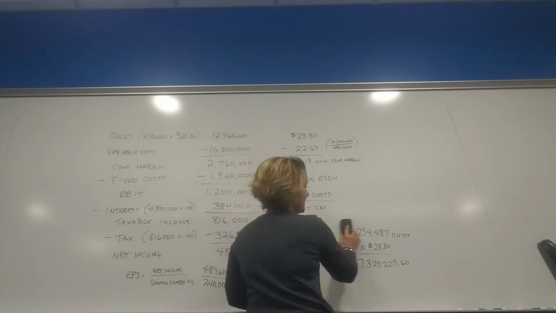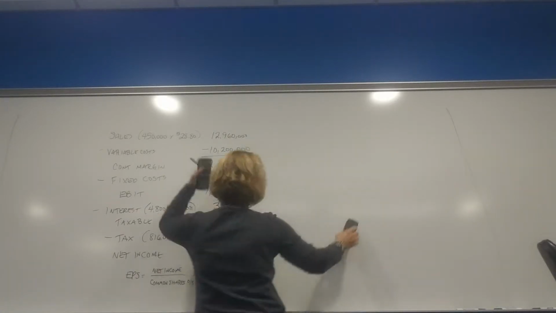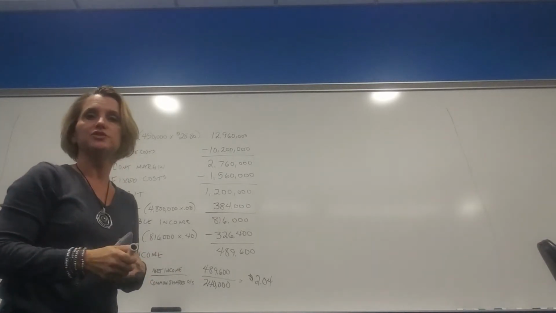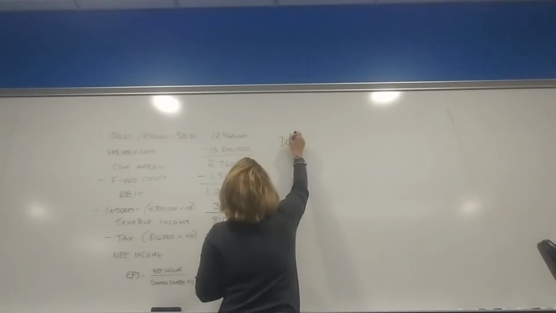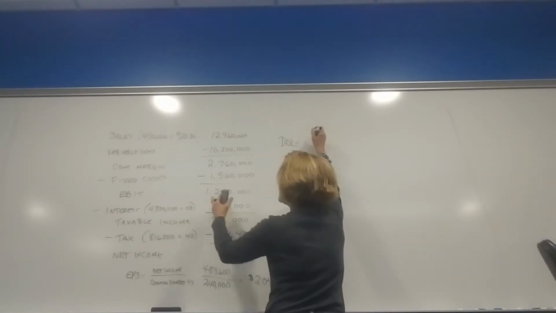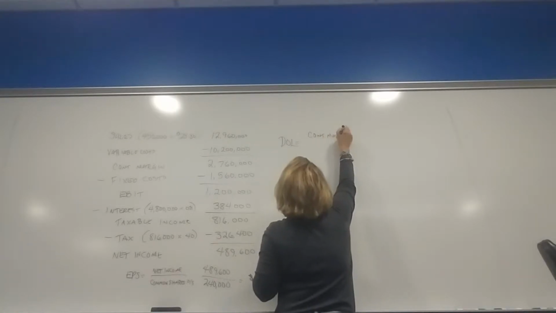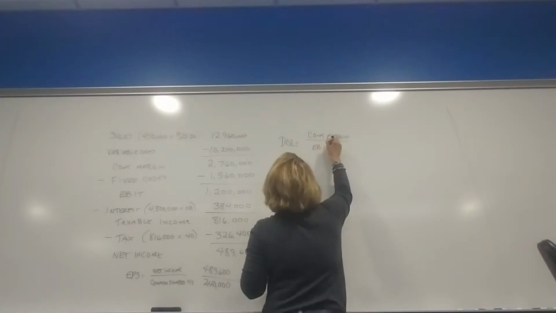Okay, then I'll erase this because I don't have much board space in this video, but I'm going to leave this because we're still going to come back to this. Then it's going to say, well, what's your degree of operating leverage? So my degree of operating leverage, the formula is my contribution margin divided by my operating income, or my earnings before interest and tax.